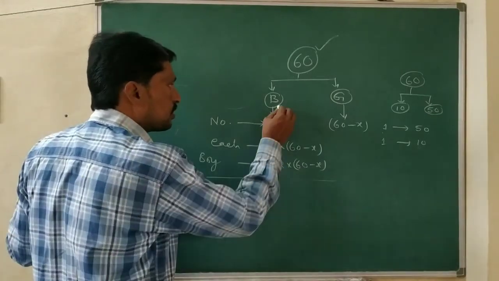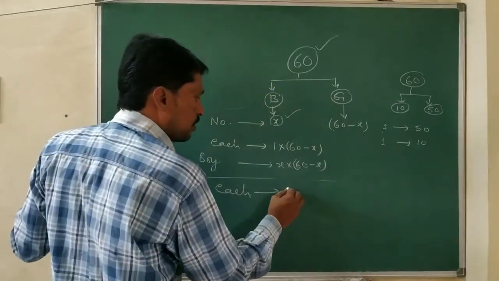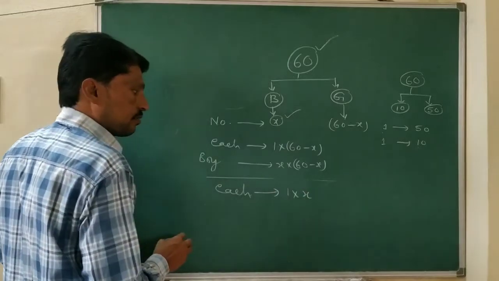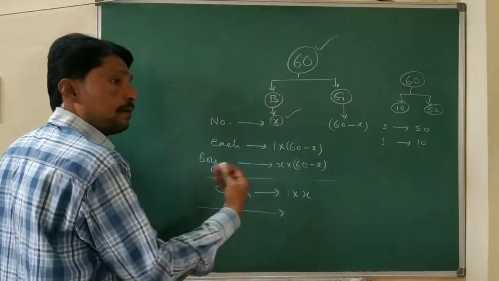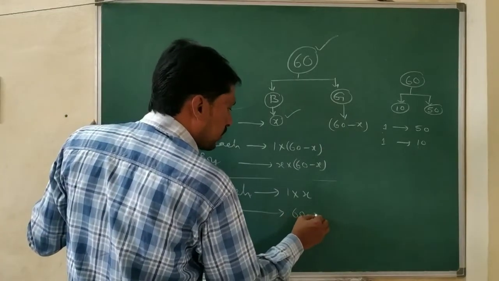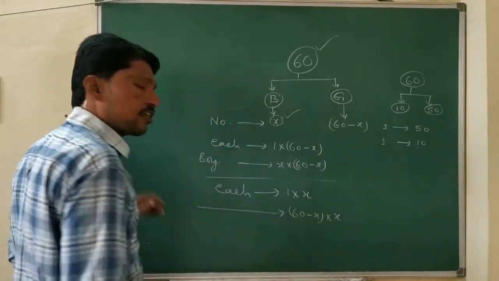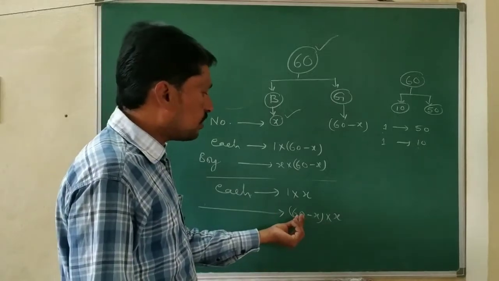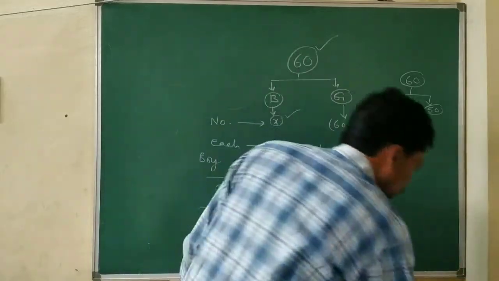Each girl contributes the number of boys, that is x. There are 60 minus x girls, and each girl is contributing x rupees. So the total contributed by the girls is 60 minus x into x. Let us see the solution.